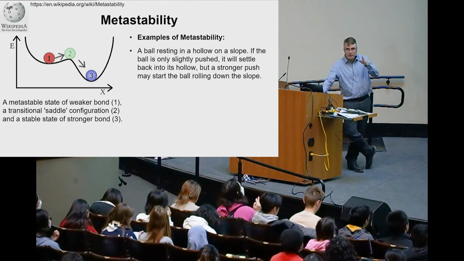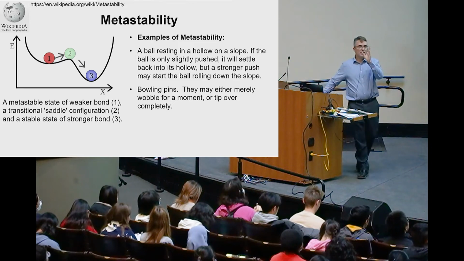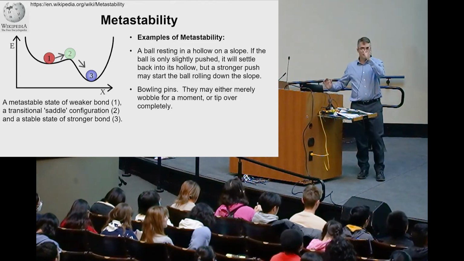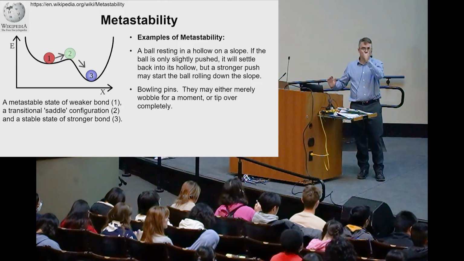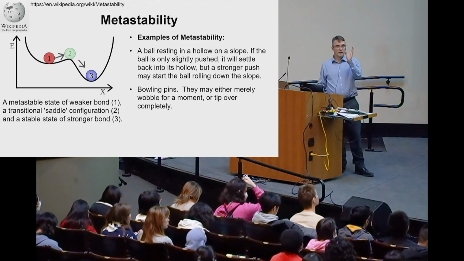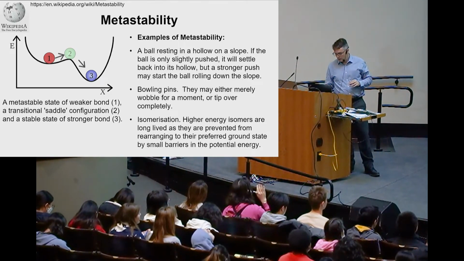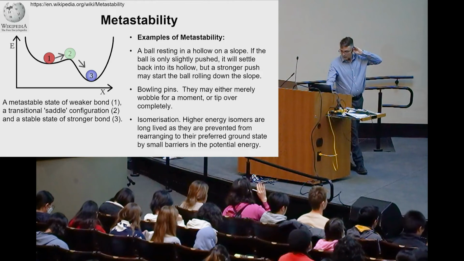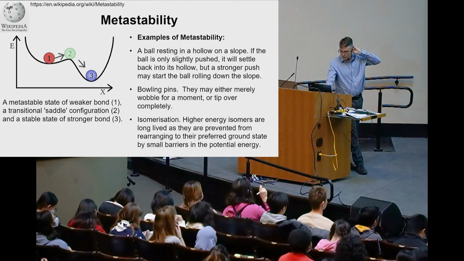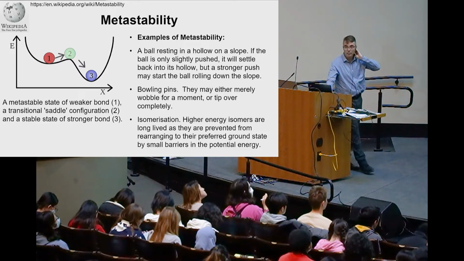So you could be in a little local equilibrium. Also, bowling pins do that. They're in a local equilibrium, so for small perturbations, they will rock back and forth and fall back to equilibrium. But if you give a little bit of a larger perturbation, it falls into another well. High energy isomers are long-lived as they are prevented from rearranging to their preferred ground state by small barriers in potential energy.